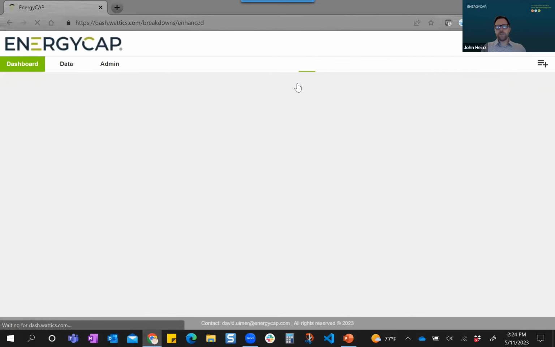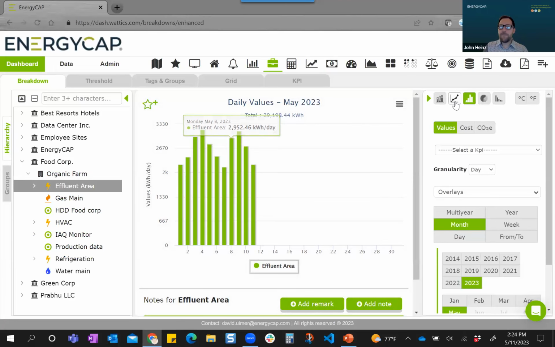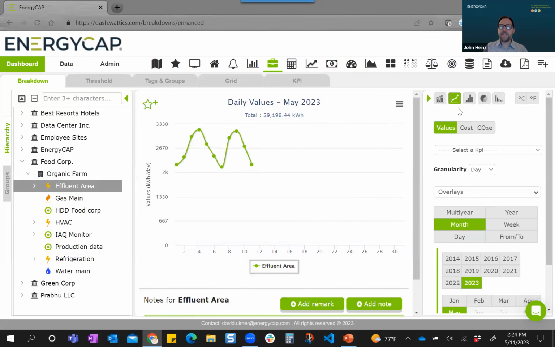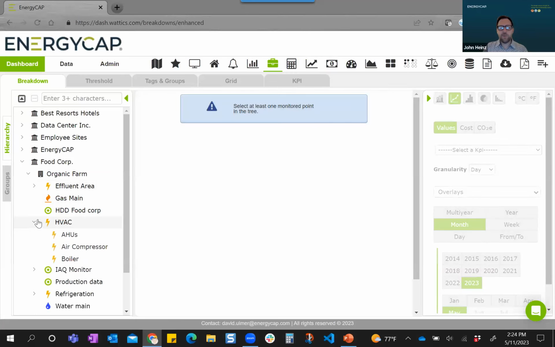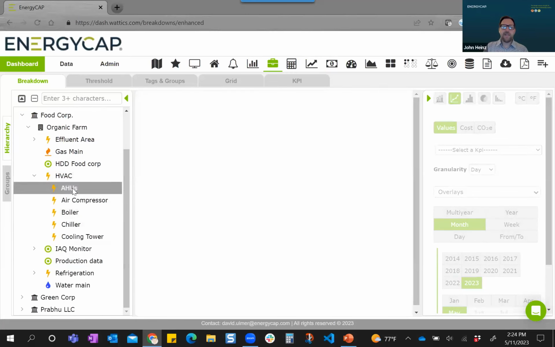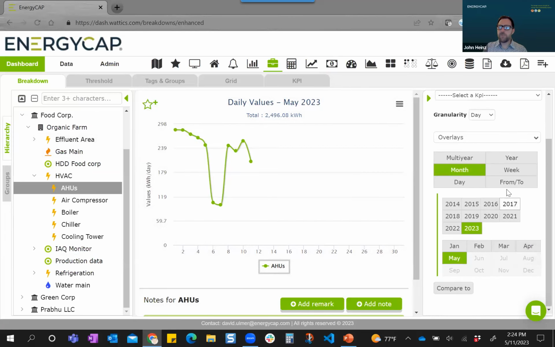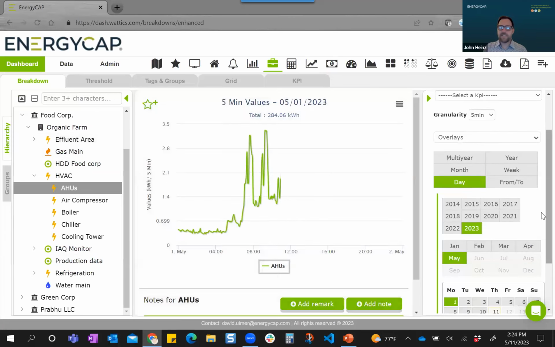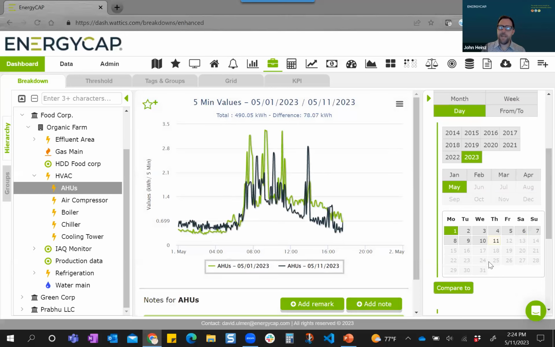Some additional tools. There's a whole analytics tool that lets you look at data a lot of different ways. So sticking with this HVAC example, I might want to say, well, as part of this HVAC, I want to see how my air handler units are performing on a daily basis. In this case, it's May 1st. Maybe I want to see how the air handler unit compares May 1st to May 8th.